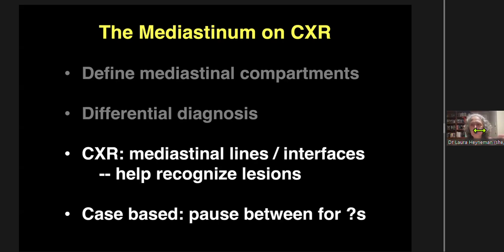So my goal for you at the end of this lecture is to be able to recognize abnormalities of the mediastinum and mediastinal interfaces, to be able to perceive that there is a potential lesion that needs to be worked up. I'm going to be doing this primarily as a case-based approach, and I'll pause at various times at the end of each case to let you ask questions in the chat.